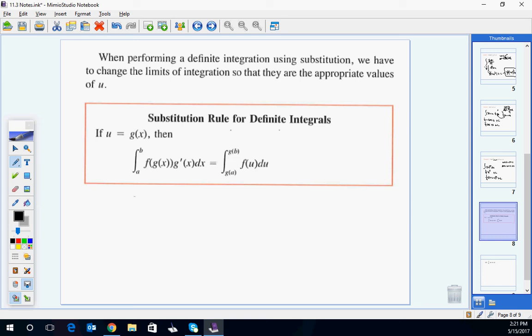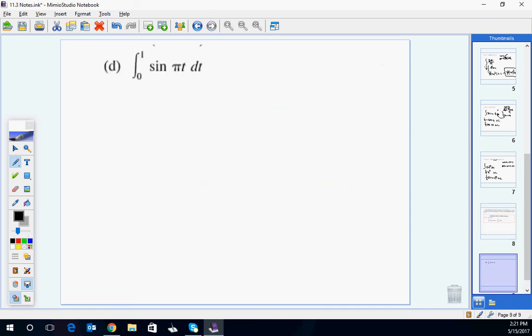Can I do that, or do you want further explanation? Just do the problem? Okay, so here's the problem: sine pi t dt from 0 to 1. You guys do the integral, but I'll help you with changing the limits of integration.